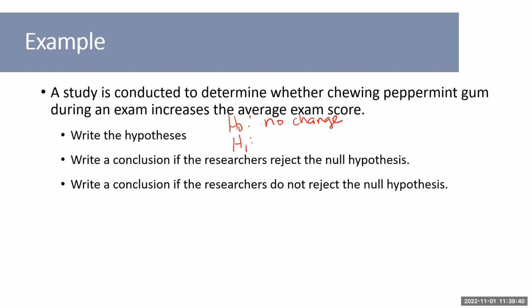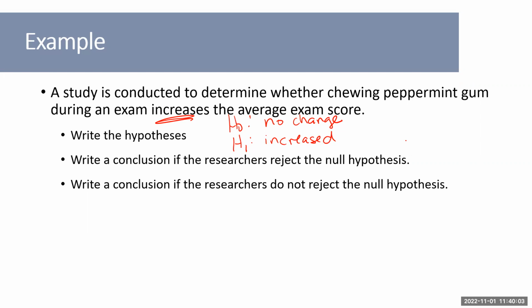I haven't given you any numbers here, so we're not formally writing hypotheses, but let's say our null hypothesis is the idea that no, it didn't do anything to change that exam score, okay? Now our alternative is that it increased, okay?